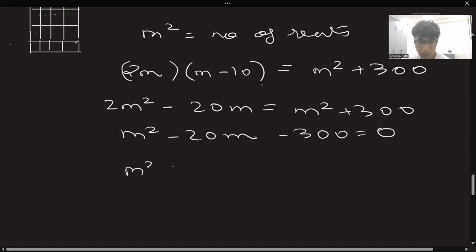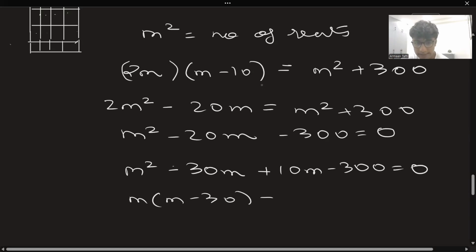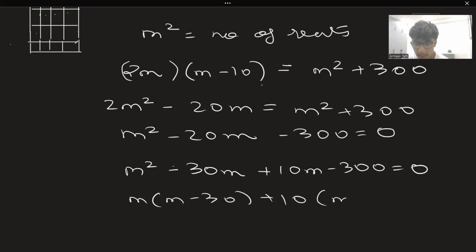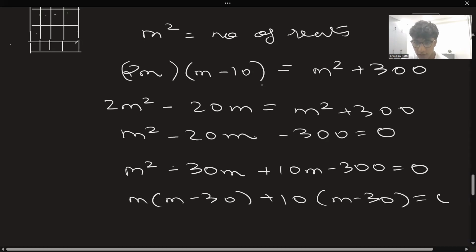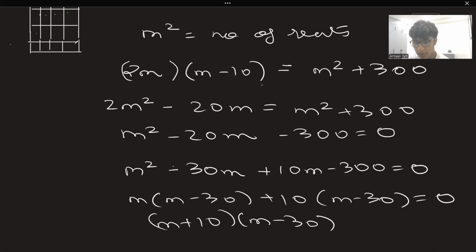So you can just have this as m square minus 30m plus 10m minus 300 is equal to 0. And you get m times m minus 30 plus 10 times m minus 30 is equal to 0. And then you get m plus 10 times m minus 30 is equal to 0.